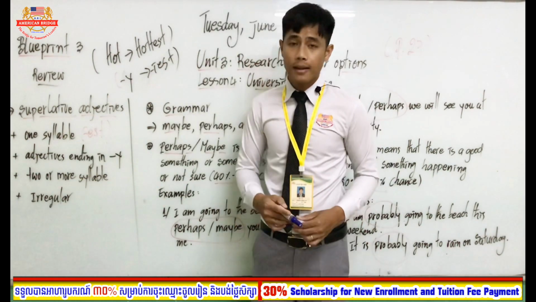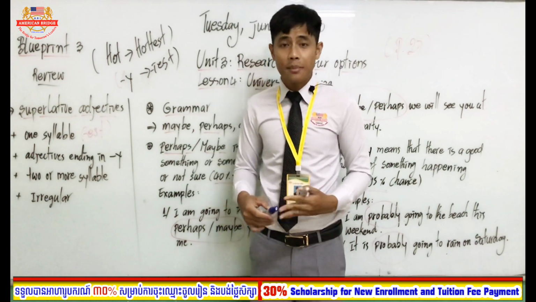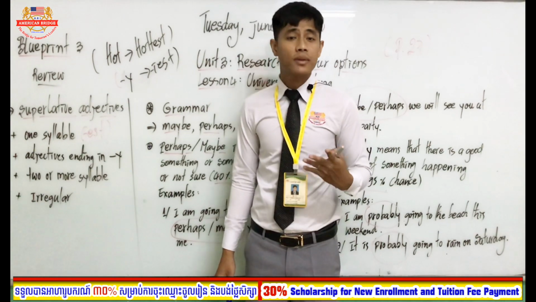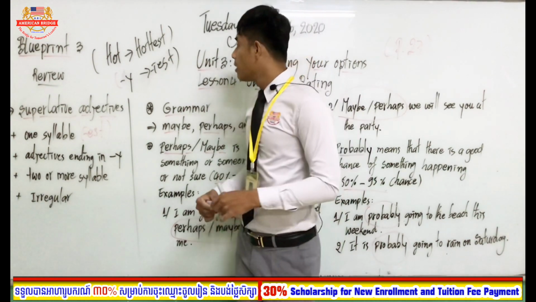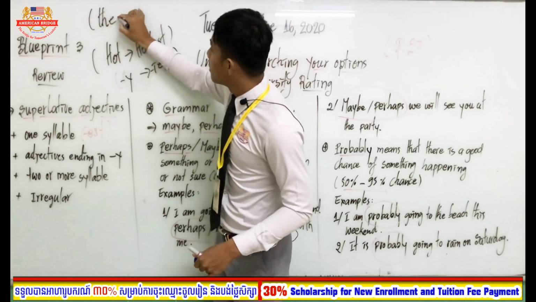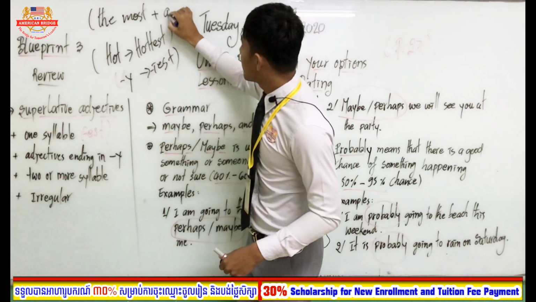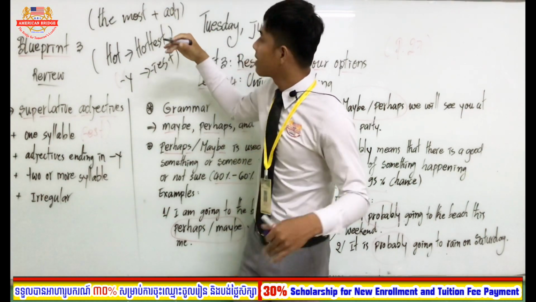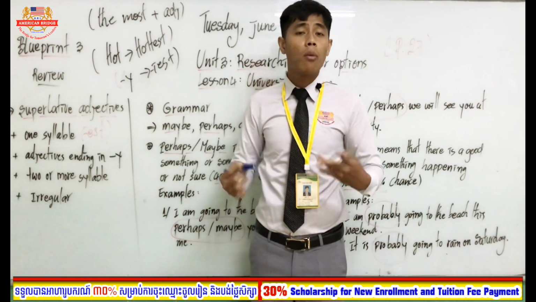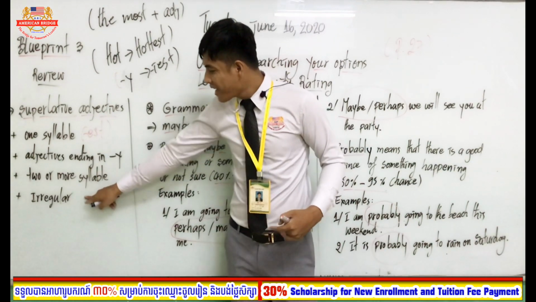Next, two or more syllables. For adjectives with two or more syllables, like expensive, difficult, and beautiful, we add most before the adjective.